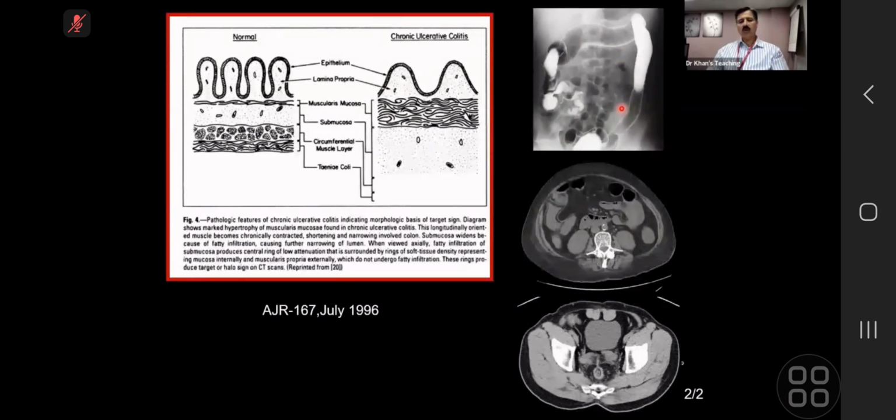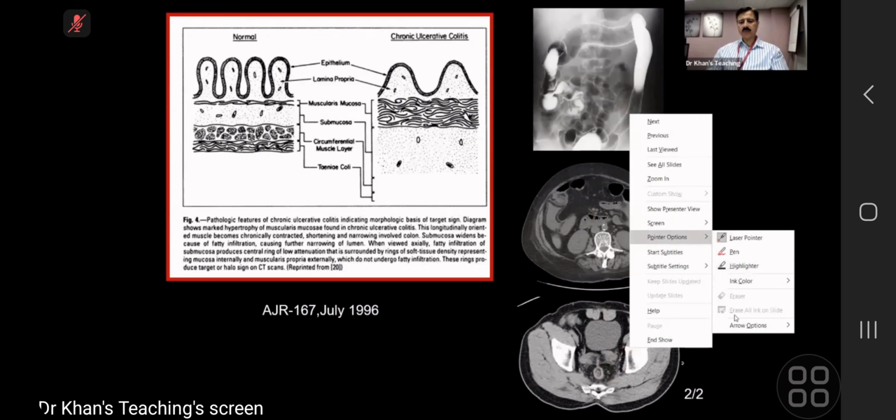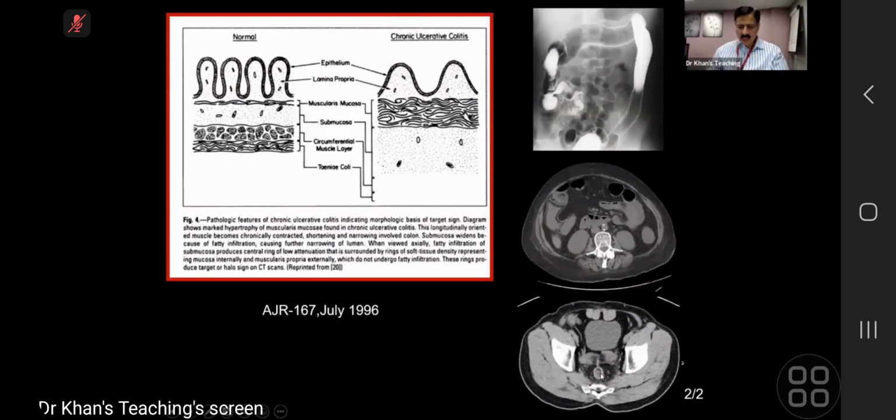On cross-sectional imaging, as in a CT scan, look at this rectum. You can see that there is a fatty layer, then the submucosa, and then the muscularis propria.